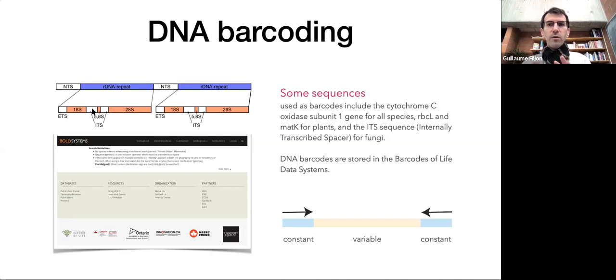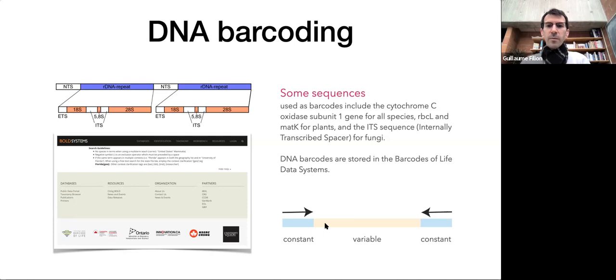Okay, so don't get confused, you're not amplifying the ribosomal RNA for making a DNA barcode. You're using the ribosomal RNA to design your primers because the sequences are conserved enough, so that then you amplify the variable region, which is highlighted in white.